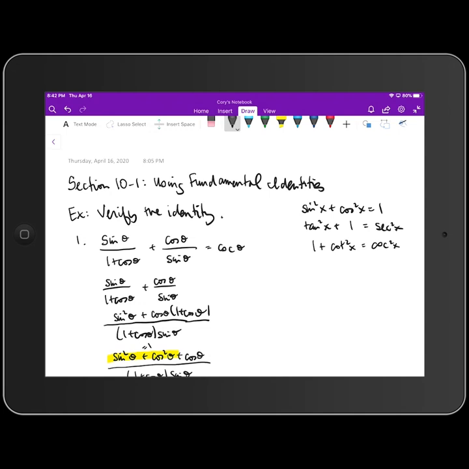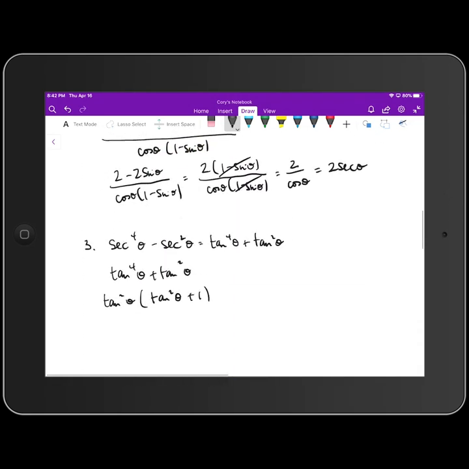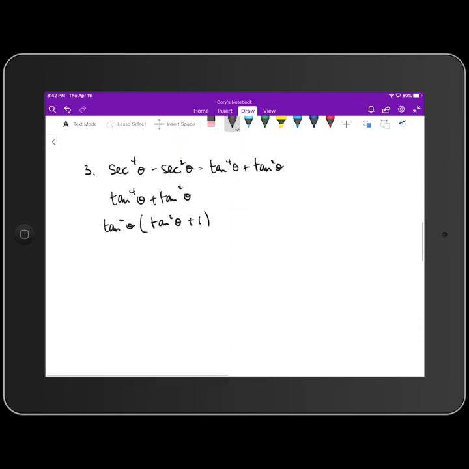And then if I take that middle identity and subtract 1 on both sides, we can also say that tangent squared is equal to secant squared minus 1. Okay, so with that said, we can say that tangent squared is equal to secant squared minus 1.